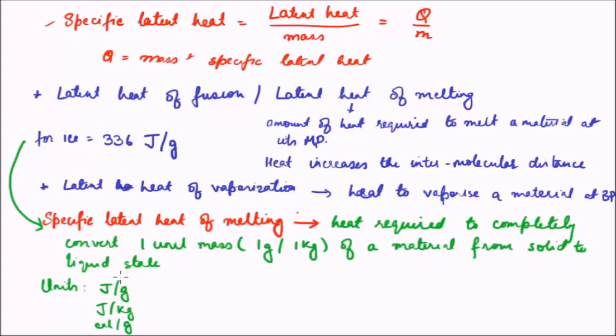Now what is special about ice, the specific latent heat of ice? The specific latent heat of ice is quite high. This value, 336 joule per gram, is a lot of heat required per unit gram of ice to melt. So some practical consequences of this high value is that, for example, the snow of a mountain does not melt at all at a given time, because we actually require to put in a lot of heat to melt a certain amount of ice.